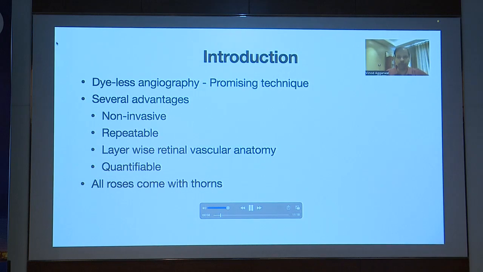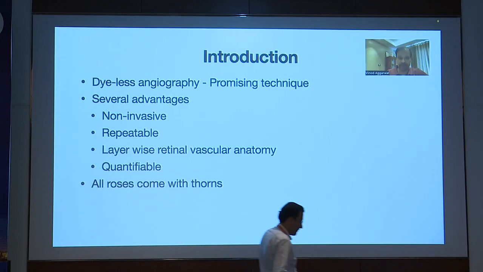Now, just to introduce a bit, we know that this technique of dye-less angiography, and that is OCTA, is a very promising technique. It has several advantages over fluorescein angiography in terms of being non-invasive. It is repeatable. It gives us the retinal vascular anatomy layer-wise.